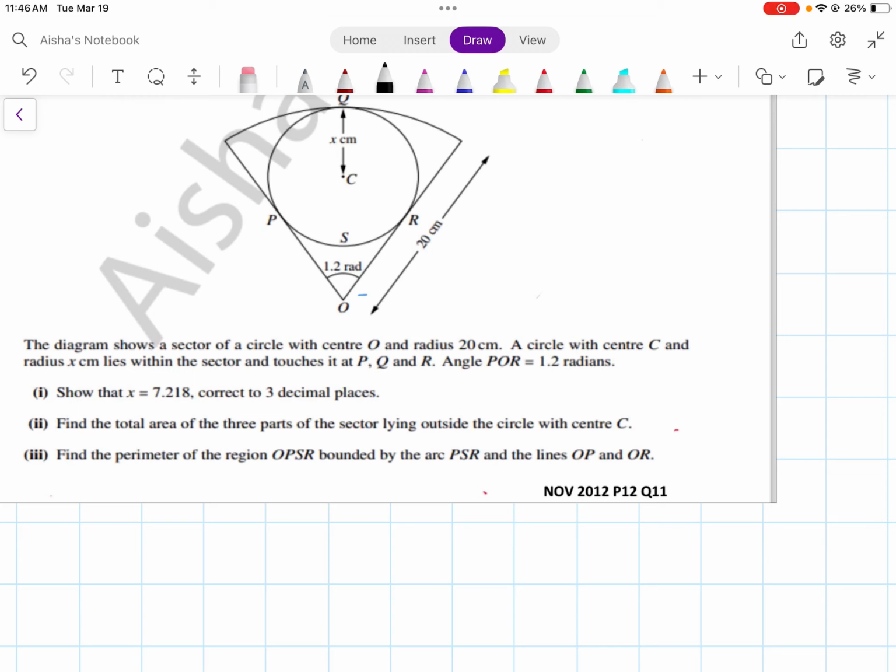Okay, if this is 20, this will also be 20.